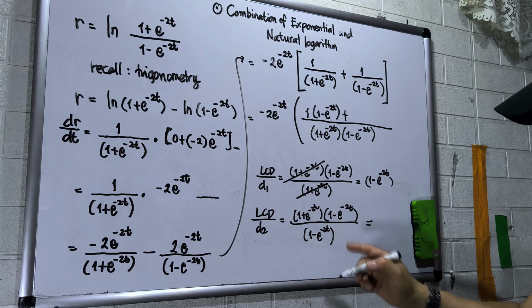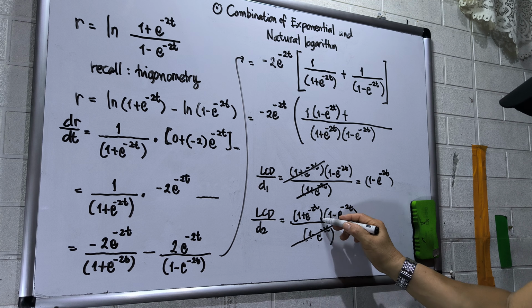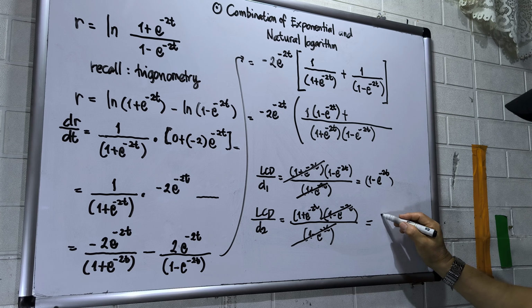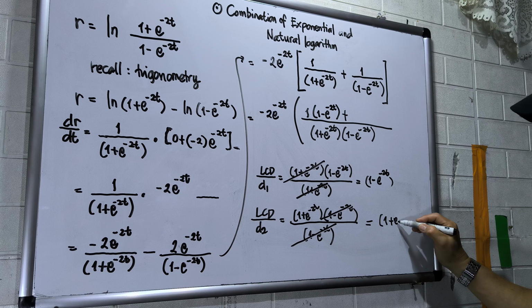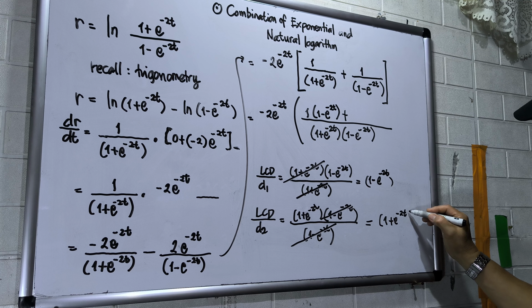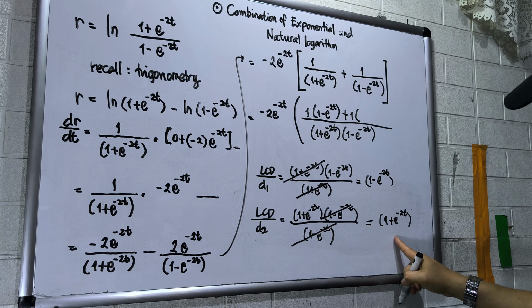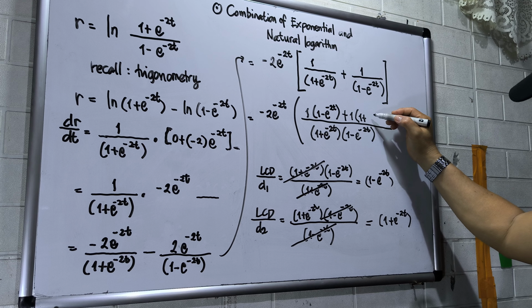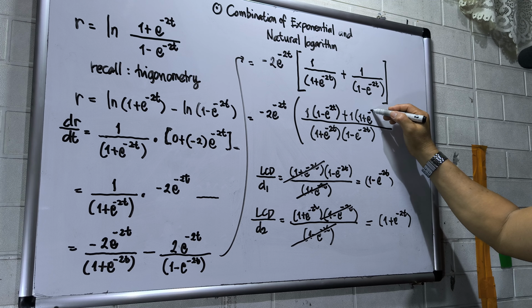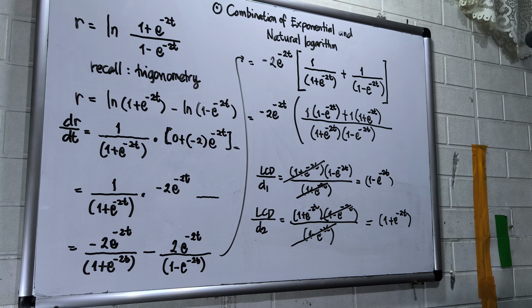So the same numerator and denominator will be crossed out. So I have circle brackets 1 plus e raised to the negative 2t. So this will be 1 times 1 plus e raised to the negative 2t.